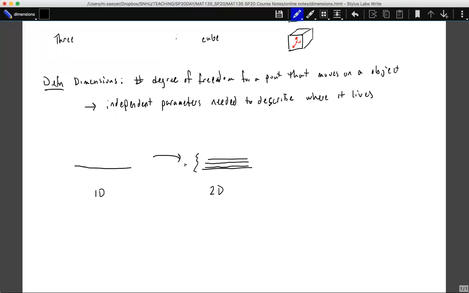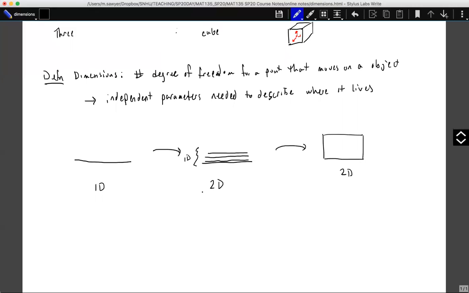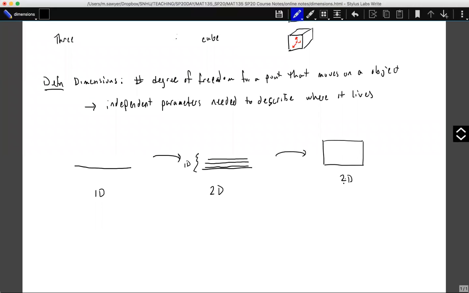This becomes a full 2-dimensional object. If I take that 2-dimensional object, I can convert it into a 3-dimensional object by stacking copies and copies of the 2-dimensional plane together, much like slices in a box.